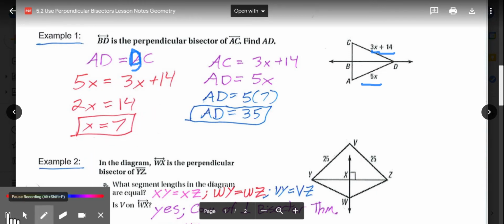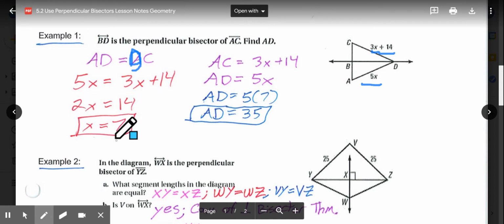But be careful not to put the 7 as your final answer, because 7 is the value of x. We want to find the distance of AD. So we're going to put the 7 back into the equation for AD. So 5 times 7 tells me AD's distance is 35 units.